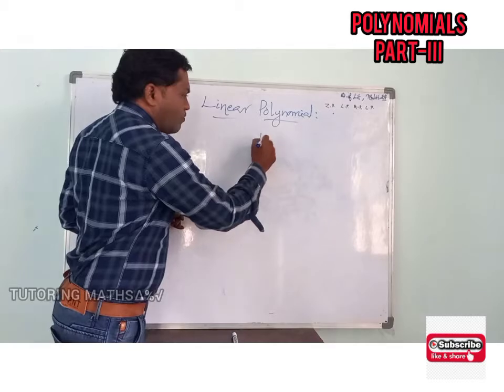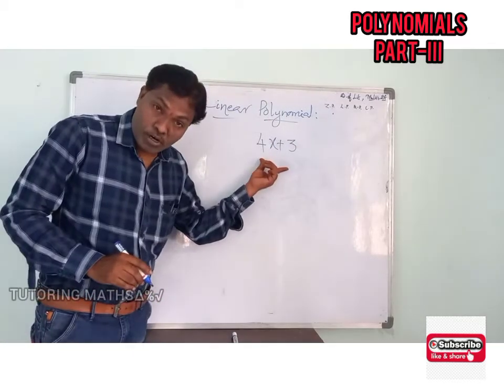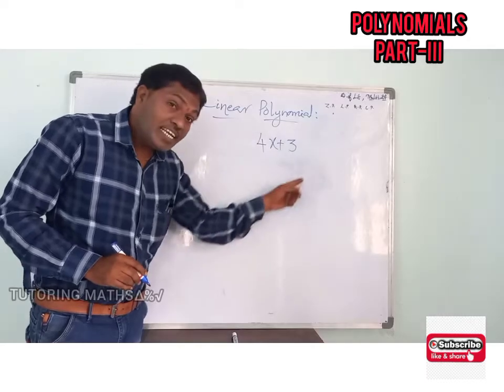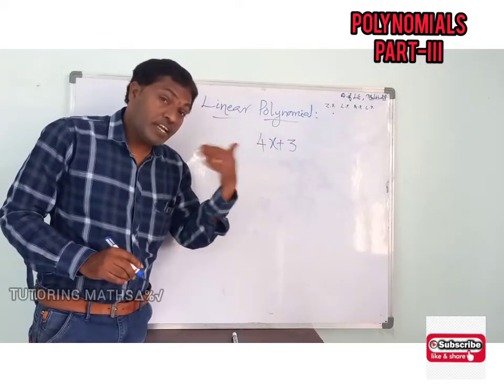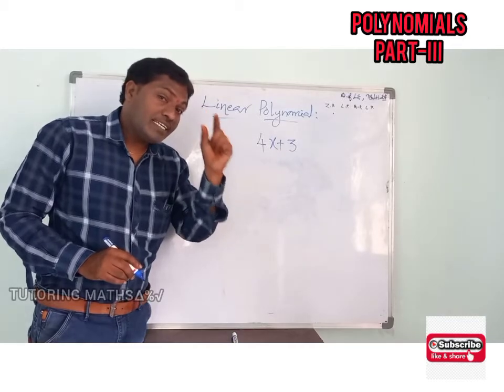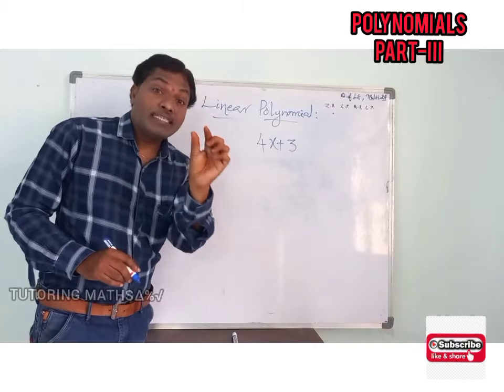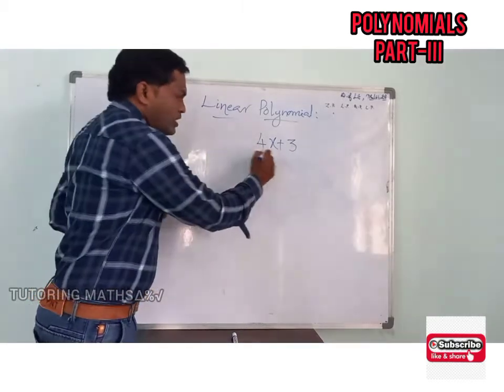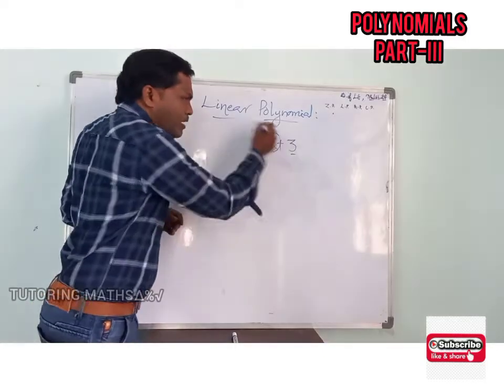Example, 4x plus 3. This is a polynomial. And what is the degree of this polynomial? Once again, remember the definition of degree. The highest exponent of the variable, the literal term. Now check. 4 is a constant, 3 is a constant, neglect them and come to the variable x.